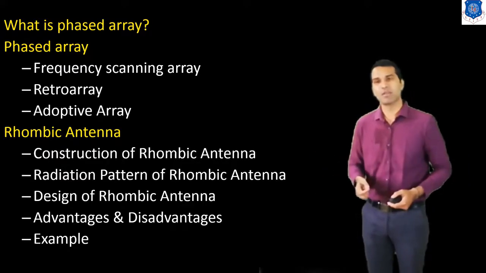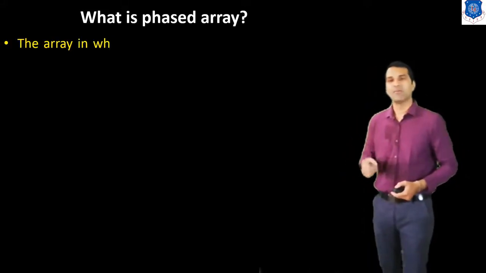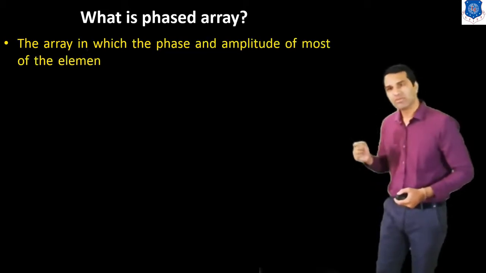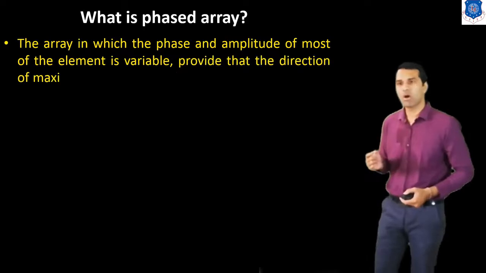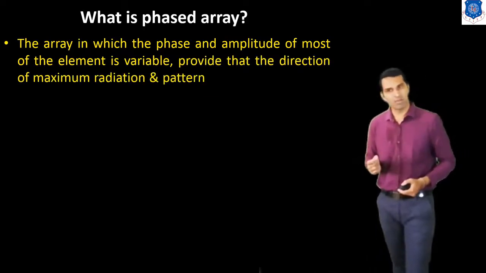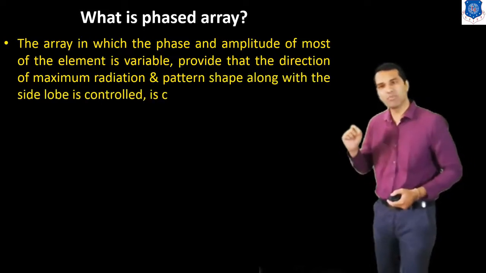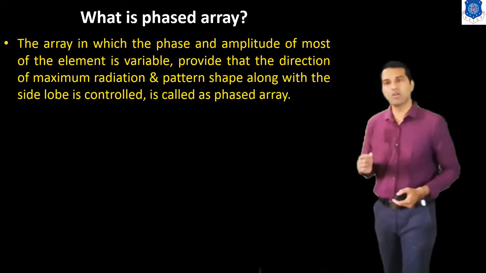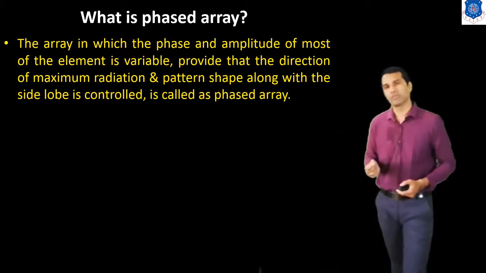So now we start with the phase array. First, a question comes to mind: what is a phase array? The array in which the phase and amplitude of most of the elements are variable, so that the direction of maximum radiation and the pattern shape along with the side lobe can be controlled, is called the phase array.